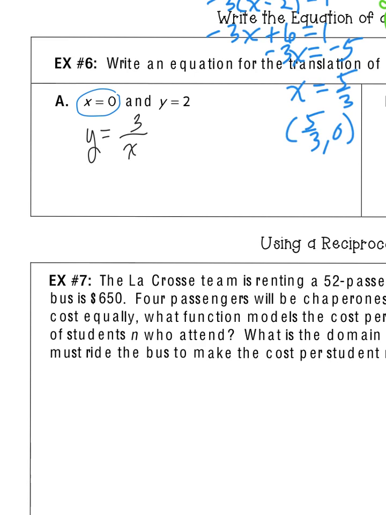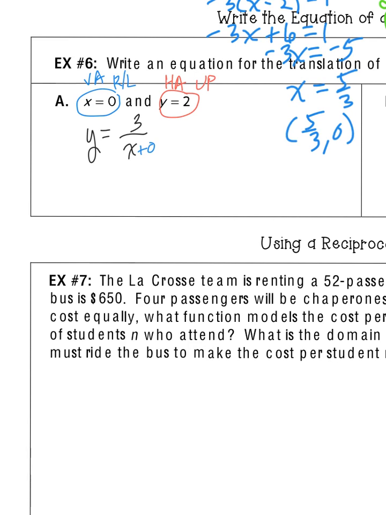This value right here is your vertical asymptote. Vertical asymptote affects your right-left movement. Your right-left movement is over here inside the function. So whatever this is, we're going to add or subtract it to the x. This is your horizontal asymptote, and it affects your up-down movement.